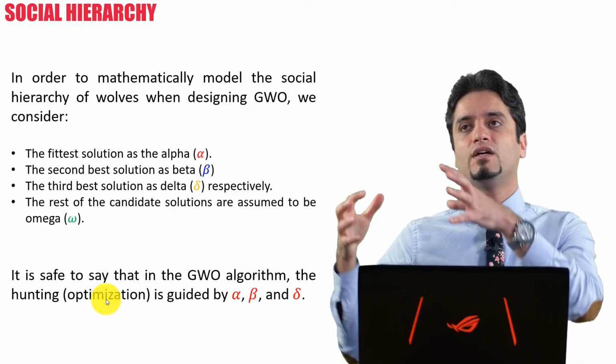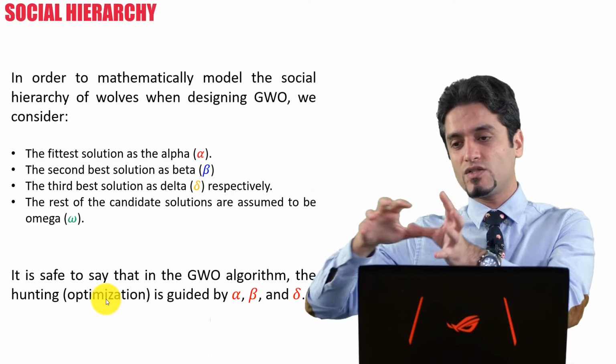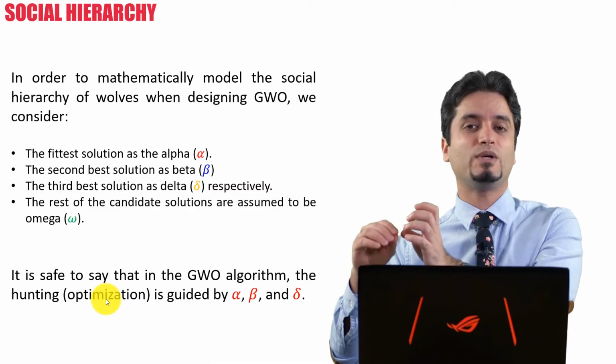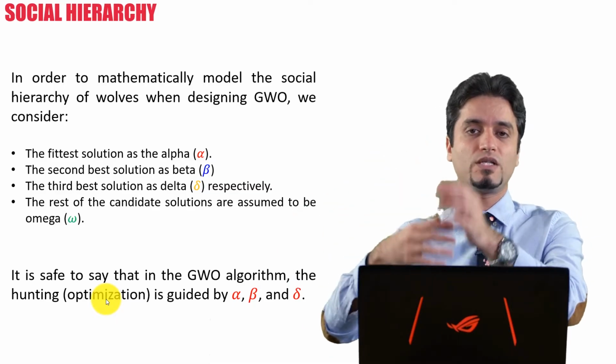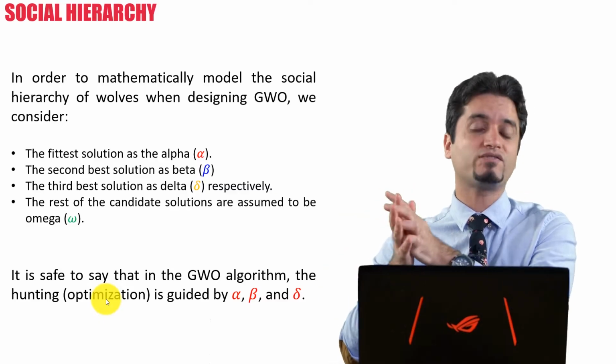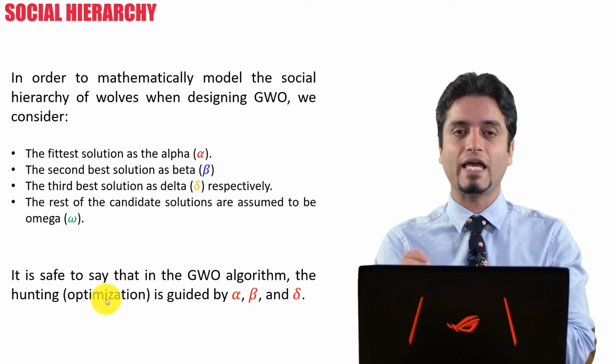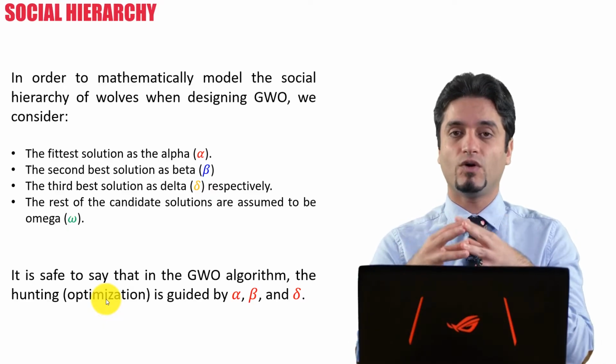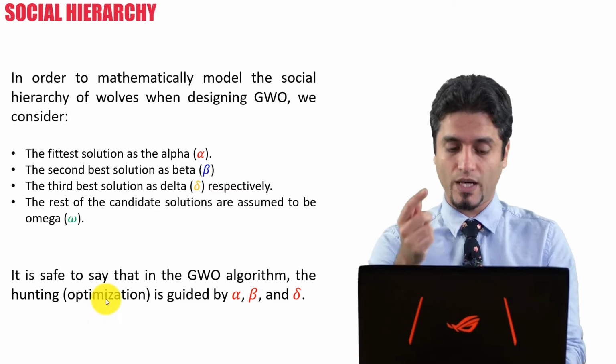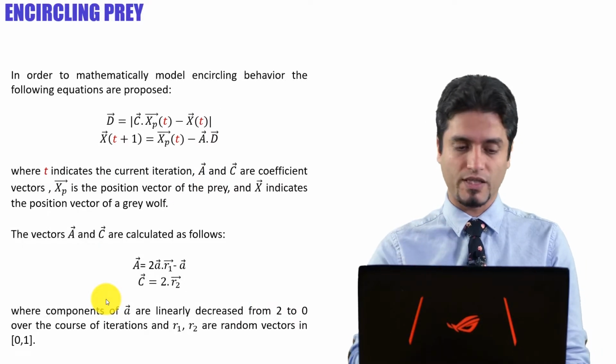So we always find the three best solutions and try to search around that area. If we find a better solution, we update either alpha, beta, or delta. So in each step of the hunt, or optimization, we always have those three best solutions and we update them every single time if we find a better solution.